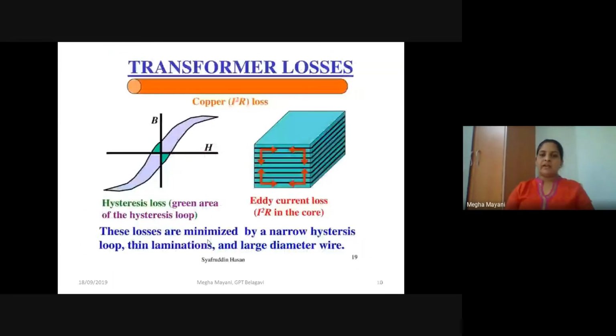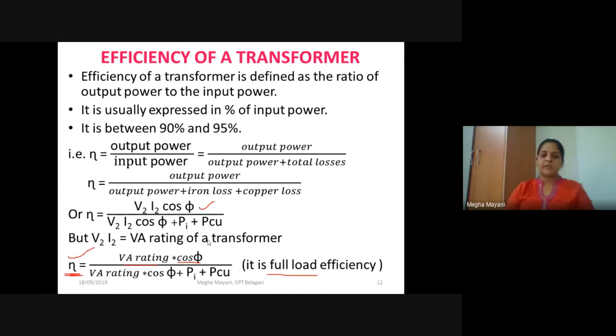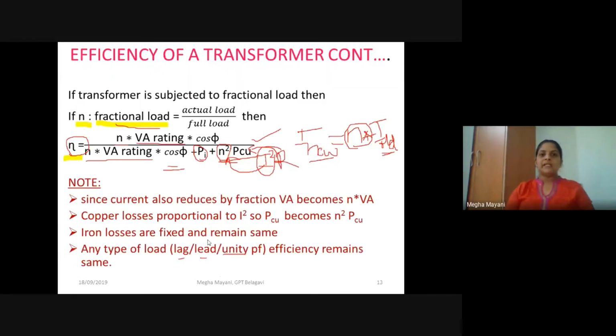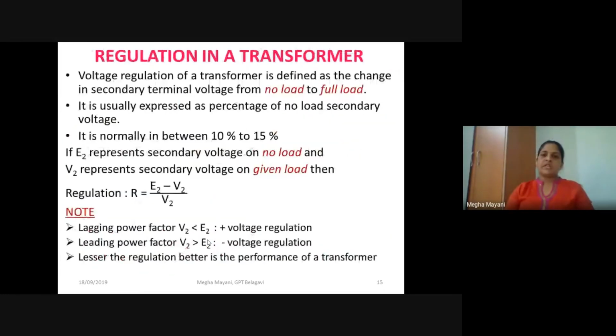And then we have discussed in detail the fixed type of losses as well as variable type of losses. Coming to the efficiency of transformer, which is defined as output power to input power, usually it is between 90 to 95%. And then the regulation in a transformer, which is the ratio of no load to full load voltages, and it is around 10 to 15% for a typical transformer.